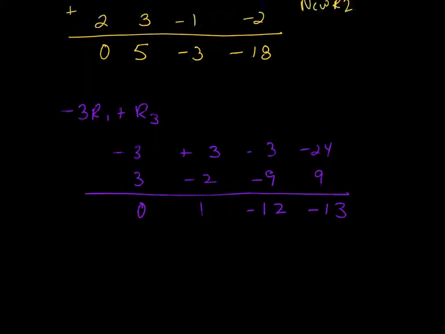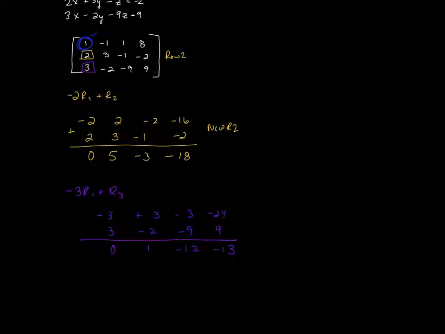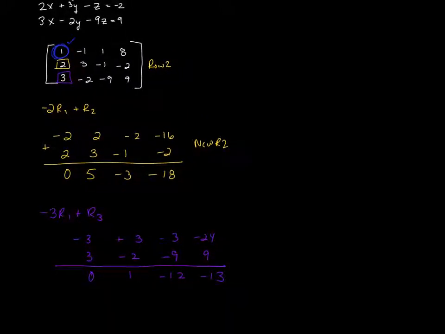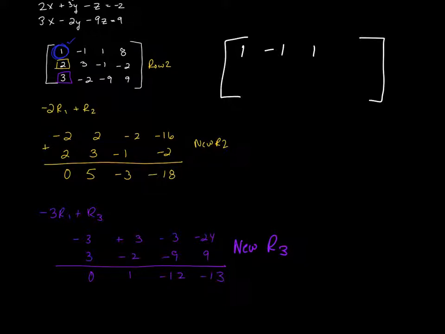Now let's go ahead and take a look at the big picture. What's going on right here? So everything that I just did here is going to become my new row 3. So my new matrix, I keep row 1 the same. Row 1 is 1, -1, 1, and 8. This piece here becomes my new row 2.